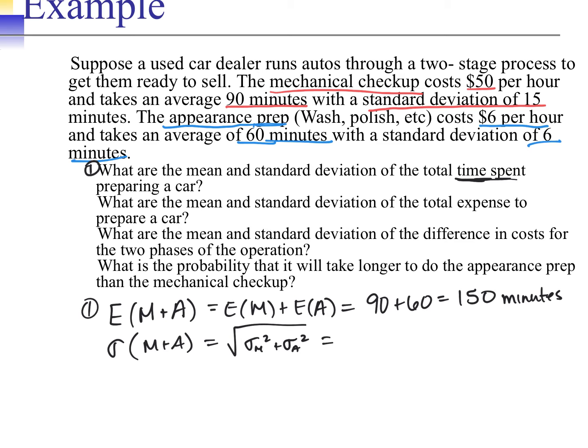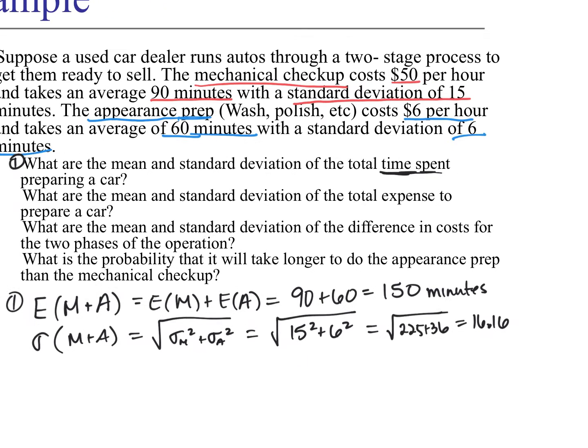And so that's going to be 15 squared plus 6 squared. It's 225 plus 36. That is 16.16 minutes.